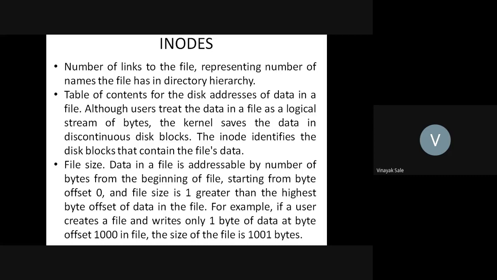There is a number of links to the file, representing the number of names. In the directory hierarchy, as we have seen in the first chapter, a different file or a same-name file can be at a different location. So there are different links.